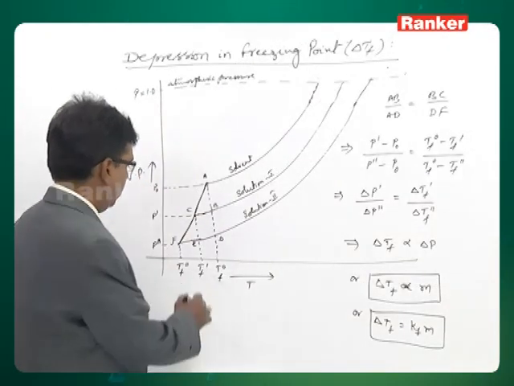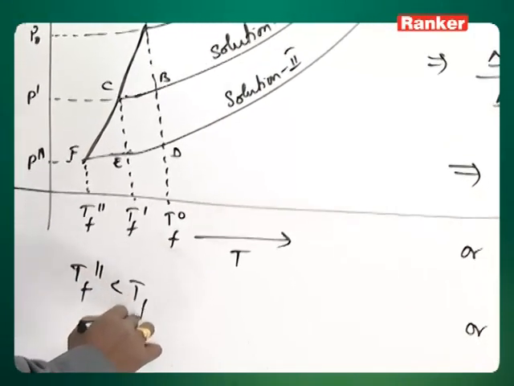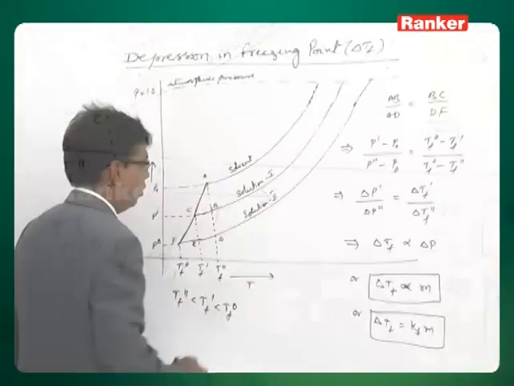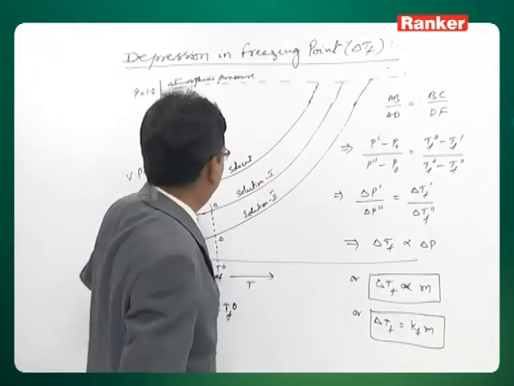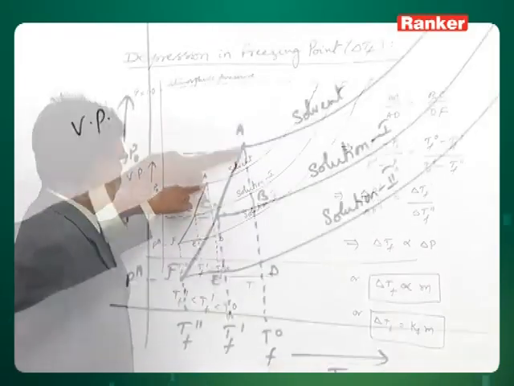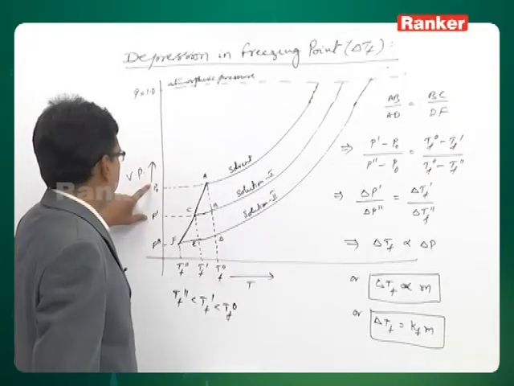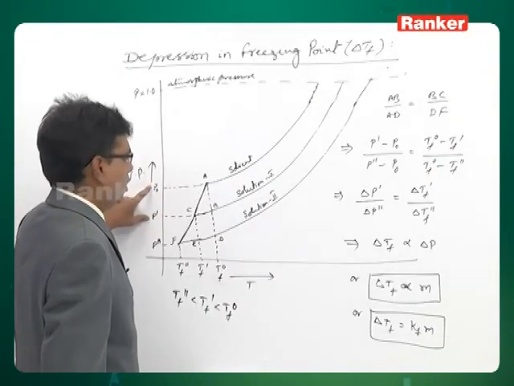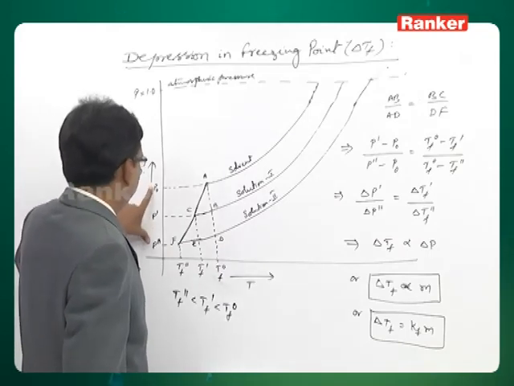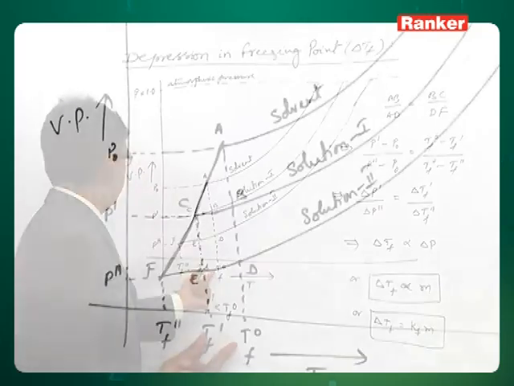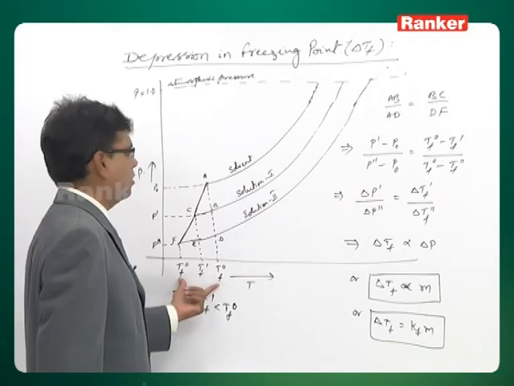So, as you can see from the graph, TF double dash is less than TF dash is less than TF naught. Again mathematically, the ratio of AB to AD, that is nothing but P naught minus P dash by P naught minus P double dash, is equal to TF naught minus TF dash divided by TF naught minus TF double dash.